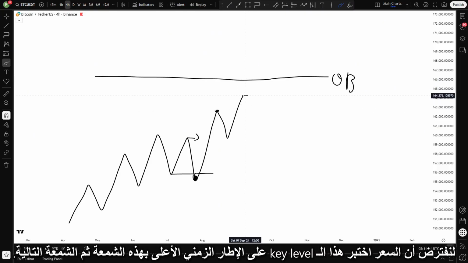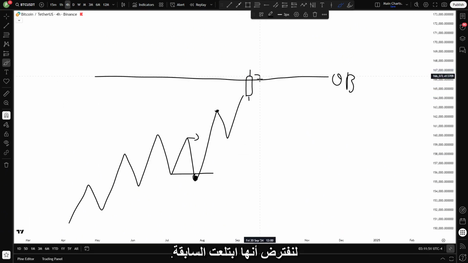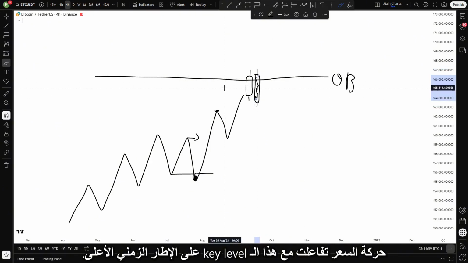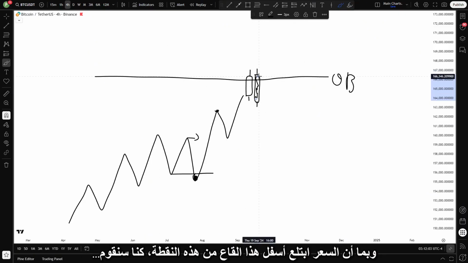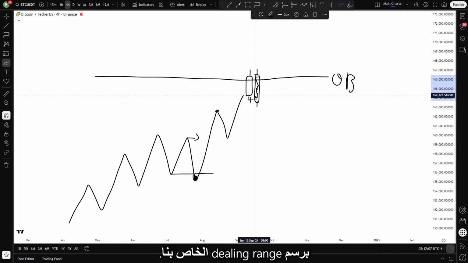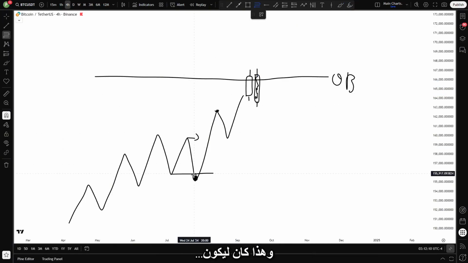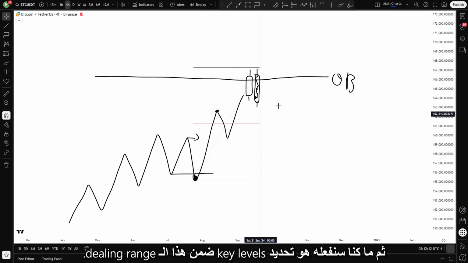Let's say price tested the higher time frame key level with this candle, and then the next candle engulfed the prior one. Now you can see that price action reacted to this higher time frame key level, and because price engulfed below this low, from this point on we would have drawn out our dealing range. So now this would have been a dealing range.